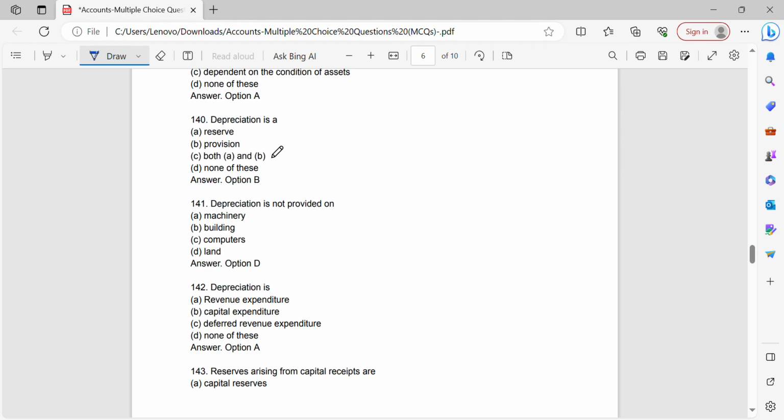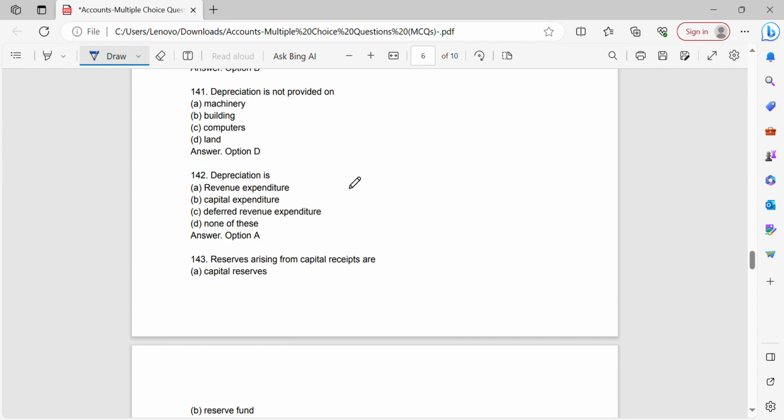The next question is depreciation is option A reserve, option B provision, option C both A and B, option D none of this. Answer to the question is option B, provision. Depreciation is not provided on machinery, building, computers, land. The answer is option D, land.